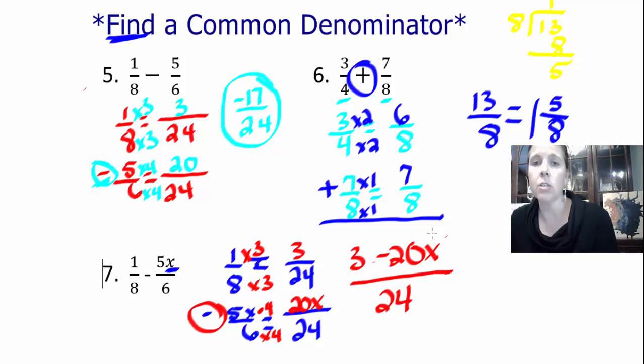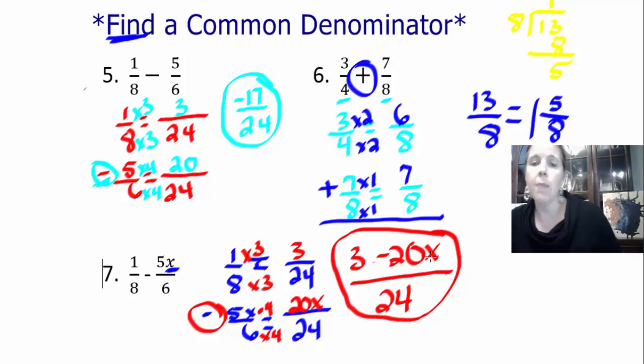So this would be your answer. You would just leave it just like this. You could reduce it if all 3 of the numbers would reduce by the same number. If this was a 4 right here, then you could reduce it all, but it's not, so we're not going to.